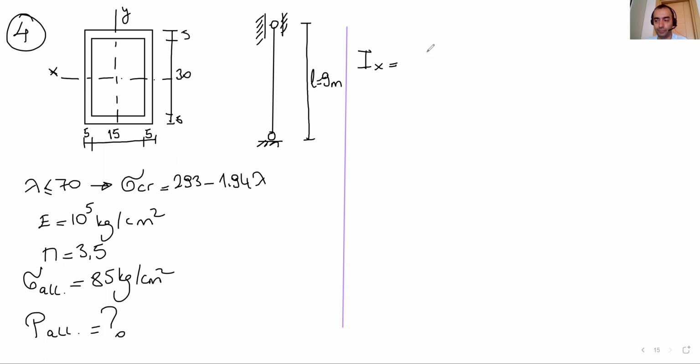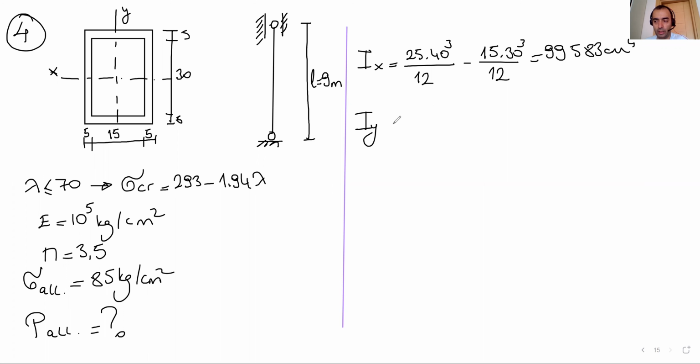Ix, the method is the same. You have to just make these calculations correctly. That's it. Okay, this is for the Ix. Okay, Ix. And let's do Iy.